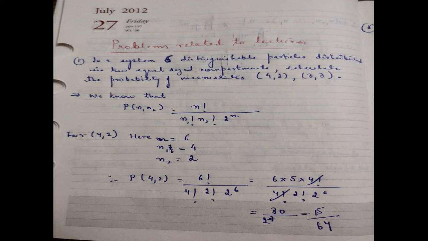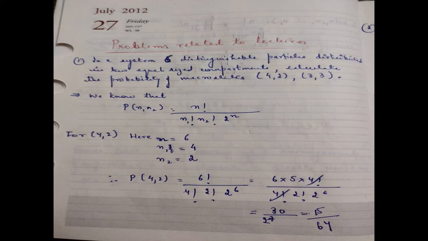So this is the formula for calculating the probability of a macro state: N factorial divided by n1 factorial multiplied by n2 factorial, over 2 raised to power n. Here 2 raised to power n represents the total number of microstates. This 2 corresponds to the 2 compartments. If we have 3 compartments, then we have 3 raised to power n. If we have 4 compartments, then 4 raised to power n, and so on.